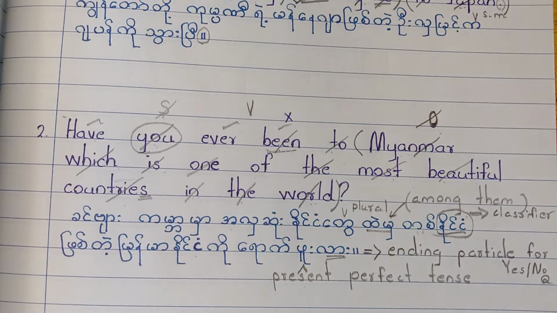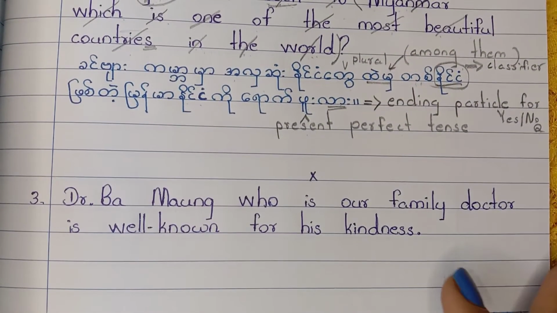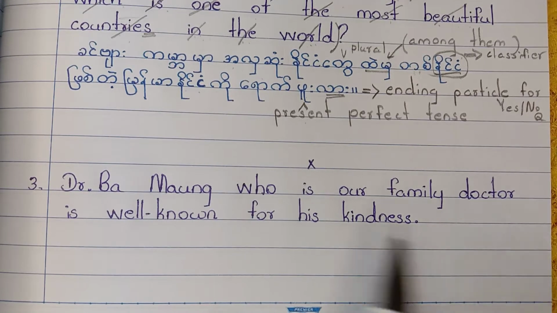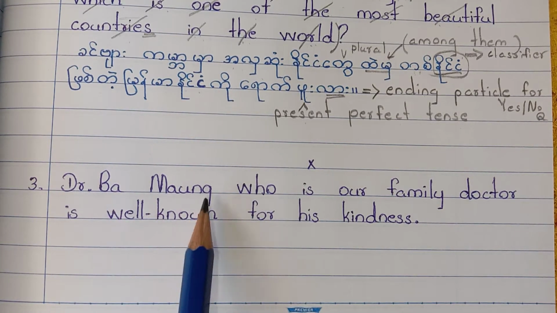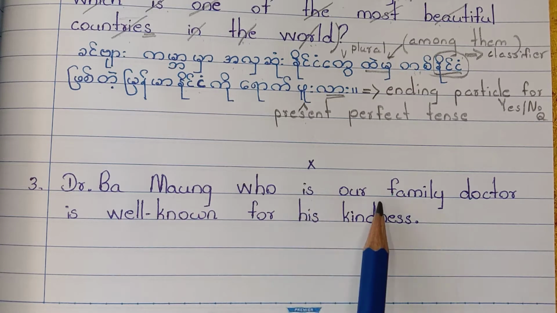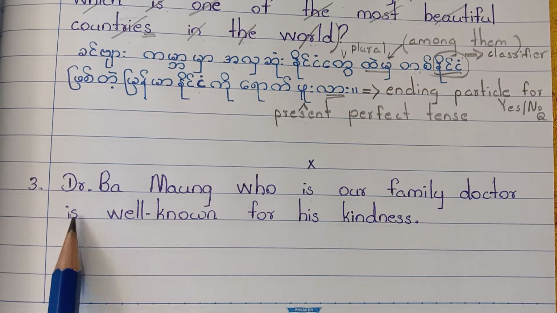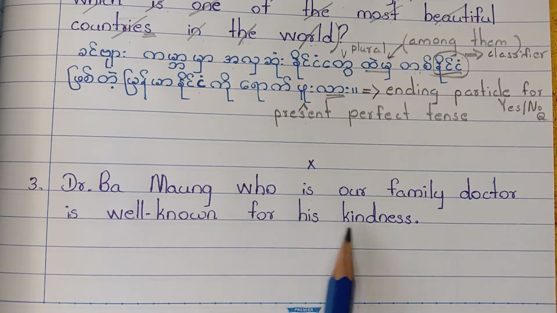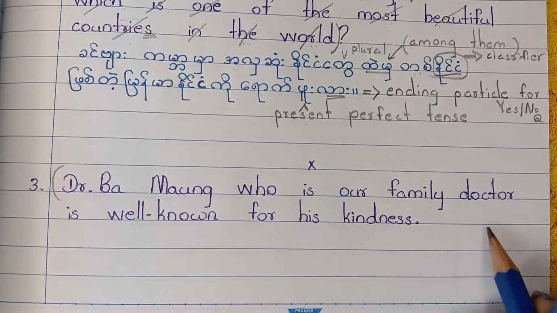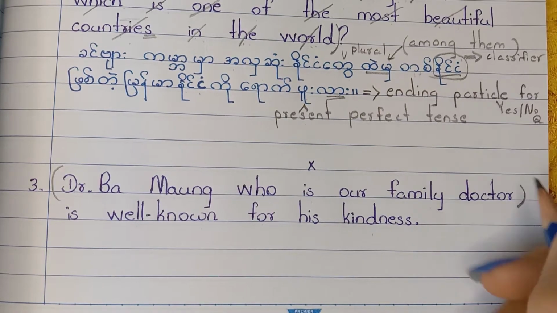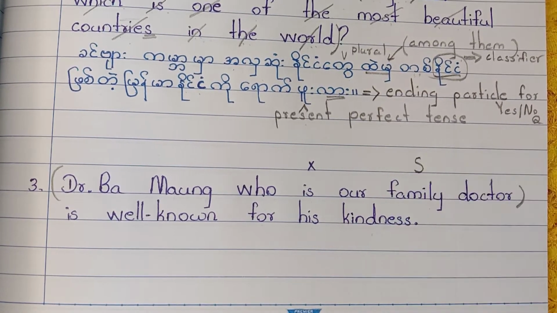That's it. And the next one. Doctor Ba Mao, who is our family doctor, is well known for his kindness. So Doctor Ba Mao, who is our family doctor, is the subject.